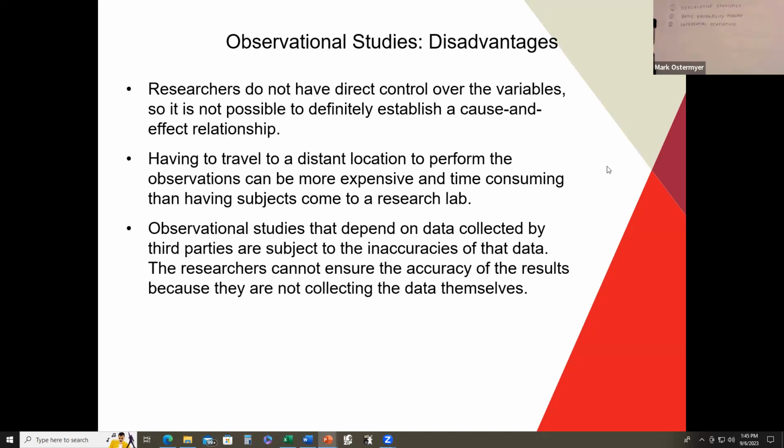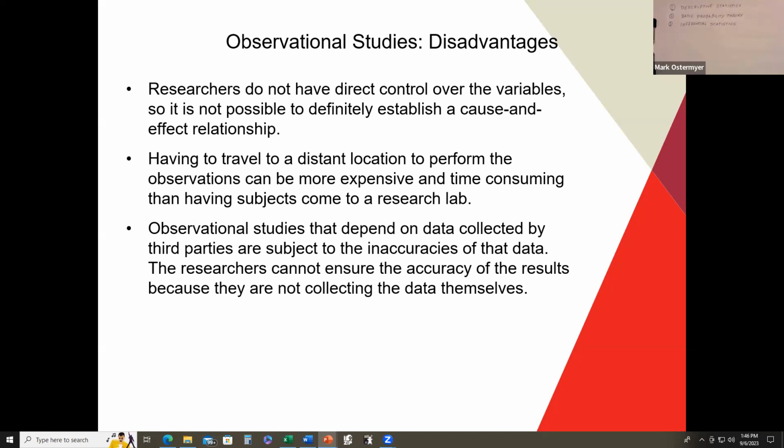Here's some problems or some cons with the observational study method. We don't really have control over what it is we're observing. And because we don't have control, all right, oftentimes the data we collect may not conform to our desire, all right? And it might be difficult to establish any sort of cause and effect relationship when just observing something in its natural element, right? Sometimes it's very difficult to go to where it is you want to observe a particular phenomenon.